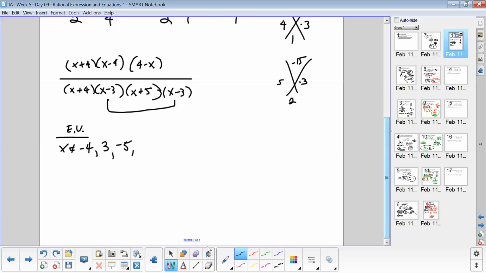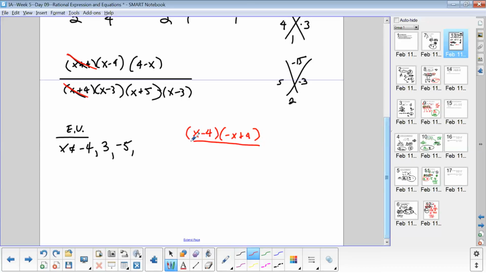So now we look at what's going to divide out. X plus 4, x plus 4. So these will divide out. X minus 4, x minus 3, x minus 3. Nothing seems to divide out here. However, this 4 minus x can be rewritten, because remember, it can be rewritten as negative x plus 4.